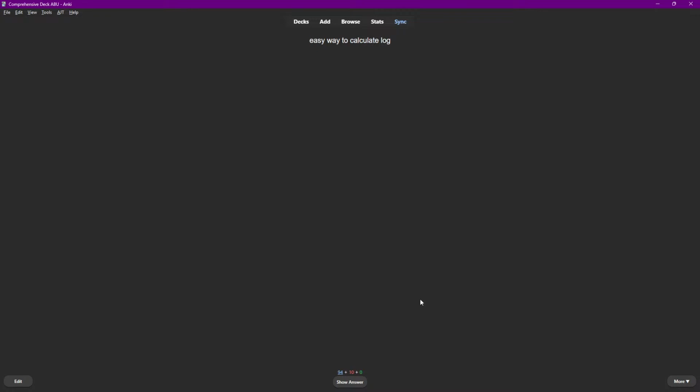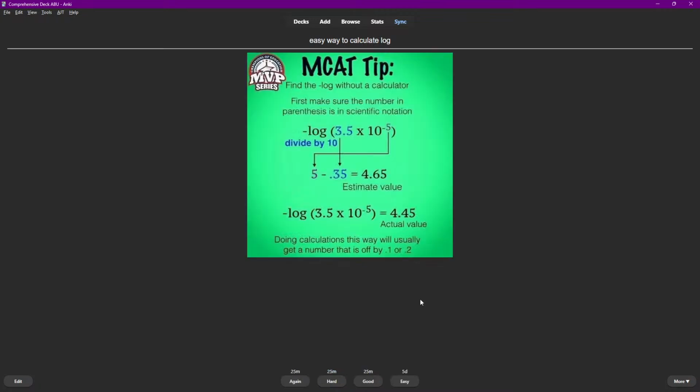Easy way to calculate log is just think about something to the 10th exponent. So think 10 to the -5. Negative log of 10 to the -5 is 5.